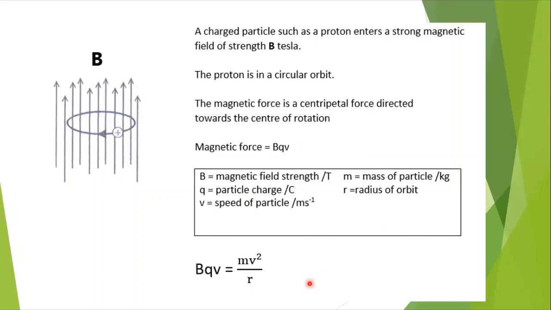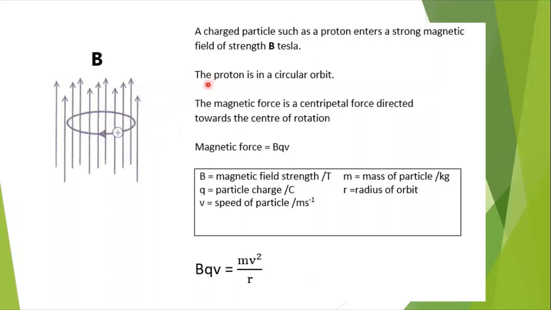So this is just anticipating something that you're going to come on to. If the particle comes in and enters this magnetic field at right angles to the direction of the magnetic field, it's then deflected into a circular orbit. So the proton is in a circular orbit.